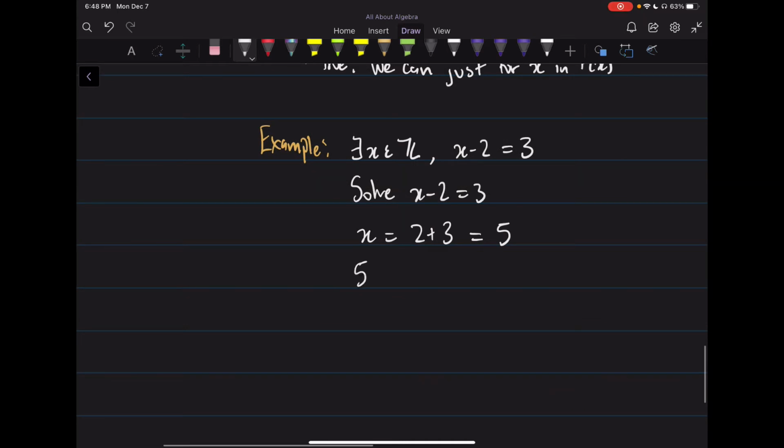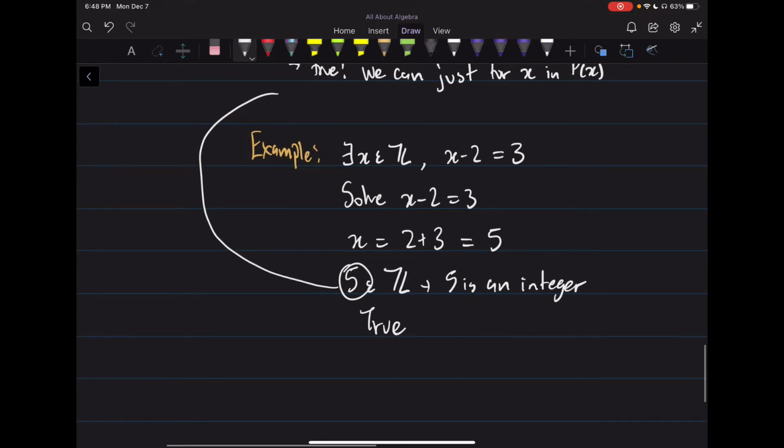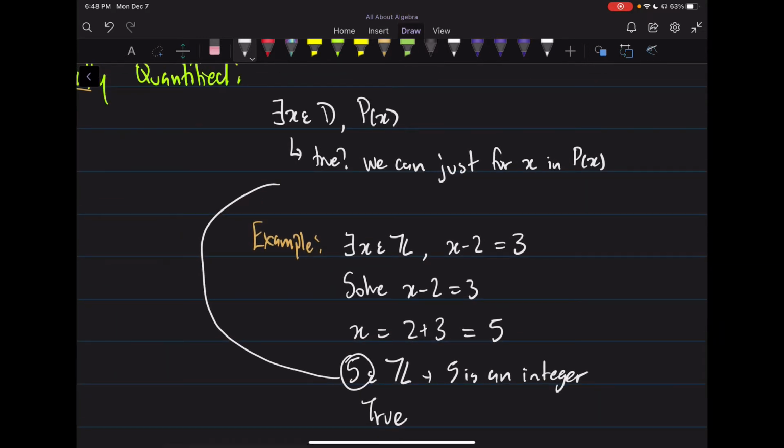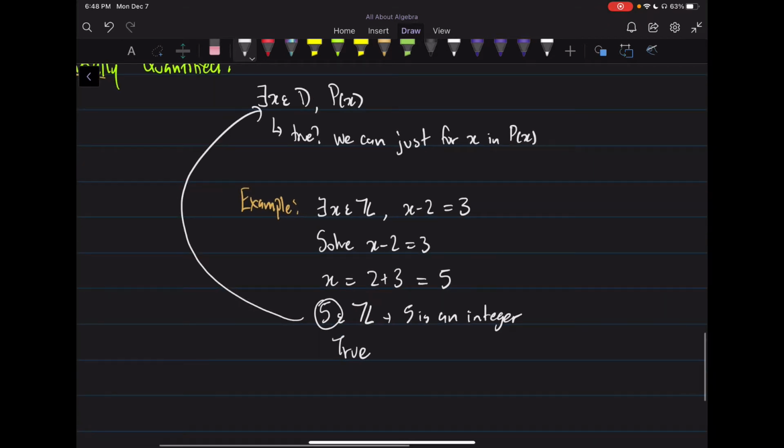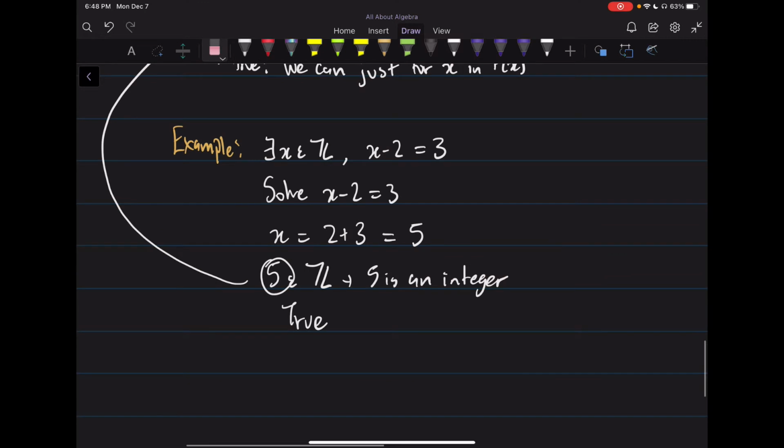And 5 is indeed an integer, which means it is true, because there exists an integer, which is x is equal to 5, where this holds true.